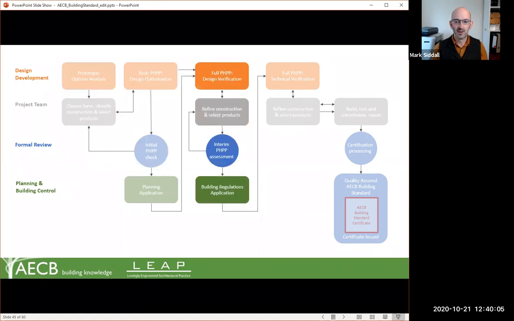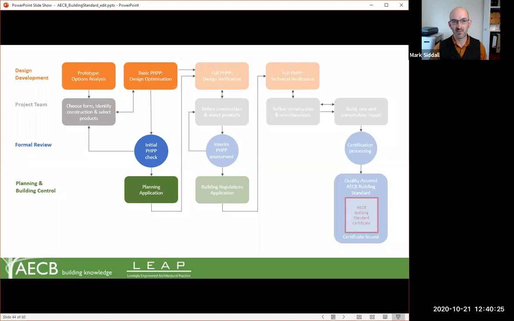Next, we are moving towards a full verification model. This is now thinking more about primary energy issues. In truth, depending on the approach you're applying to your AECB Building Standard project, you might want to develop a more detailed model at the planning stage, because if you're thinking about a renewables approach, then obviously that has an aesthetic factor that needs to be borne in mind.